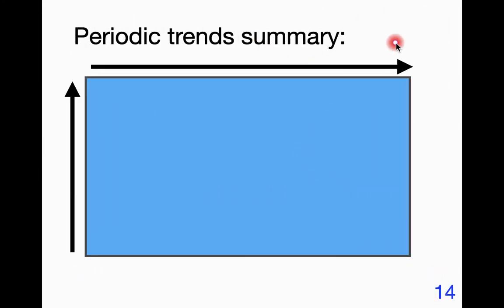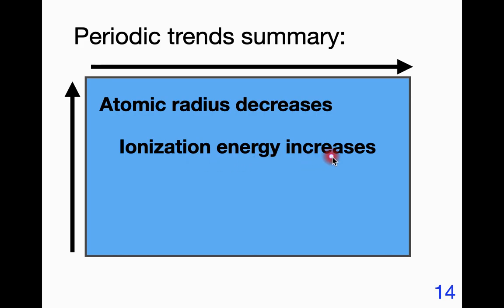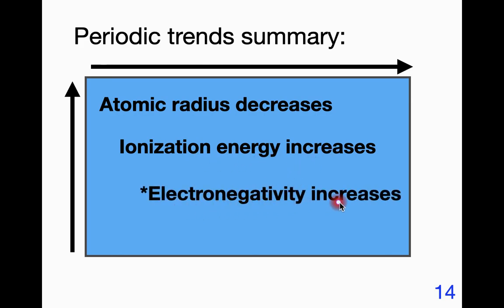Okay, this is that slide I showed you earlier, so maybe this will make a little more sense to you. Please do copy this down. Atomic radius decreases as we go up and across. Ionization energy increases and electronegativity increases as we go up and across.